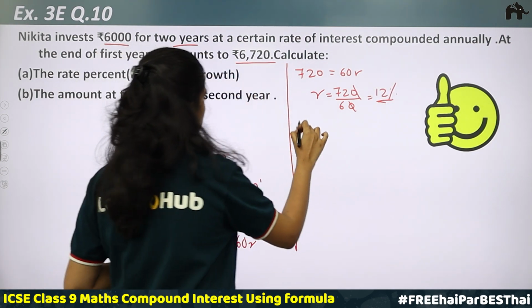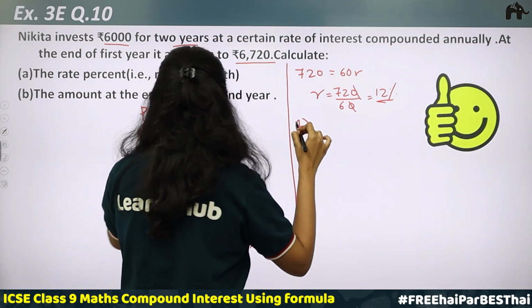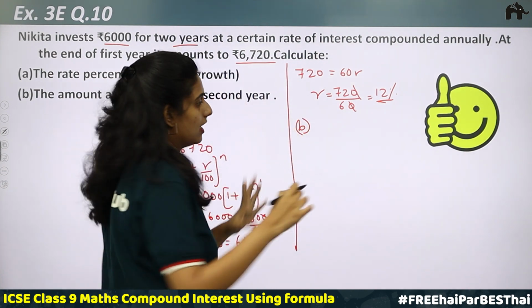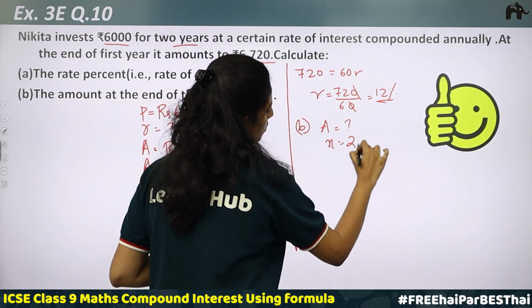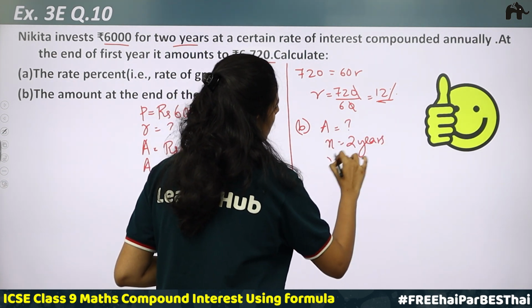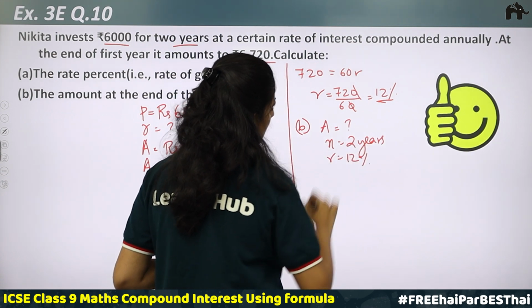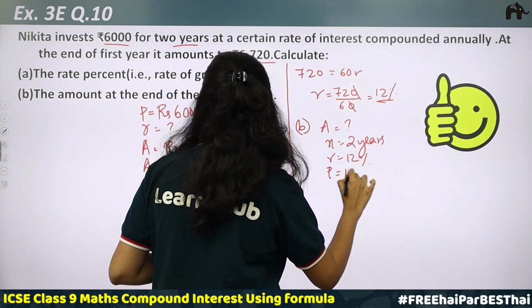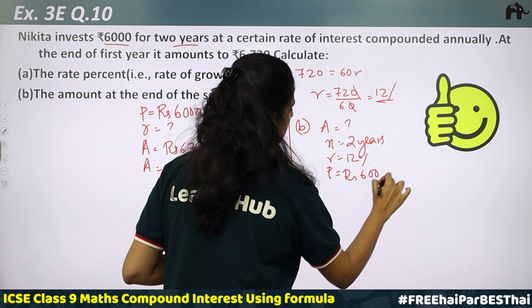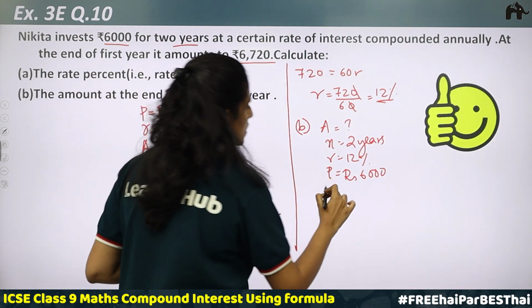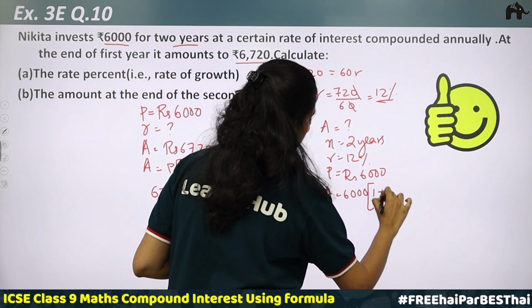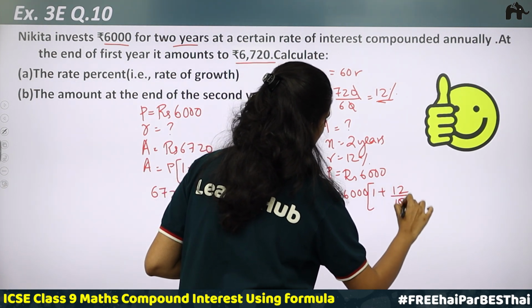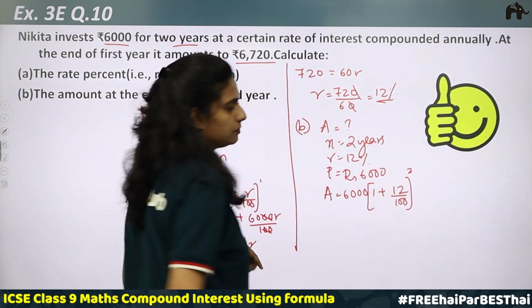Now, the second part of the question, B part, we have to find the amount at the end of the second year. Amount we have to find. N is equal to 2 years. Rate is equal to 12%. Principal is equal to rupees 6,000. Okay. So, amount will be equal to 6,000 into 1 plus 12 by 100 whole square.